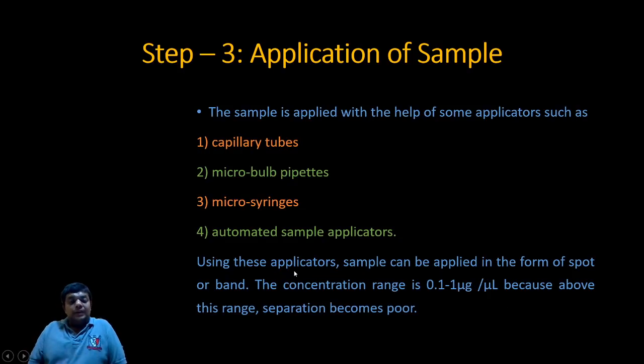The concentration range is 0.1 to 1 microgram per microliter, because above this range, separation becomes poor. Friends, this is important. The concentration has to be between 0.1 to 1 microgram per microliter.